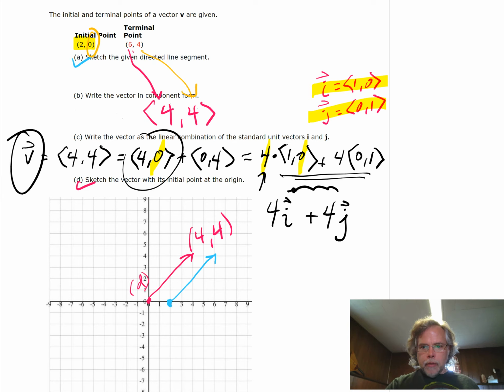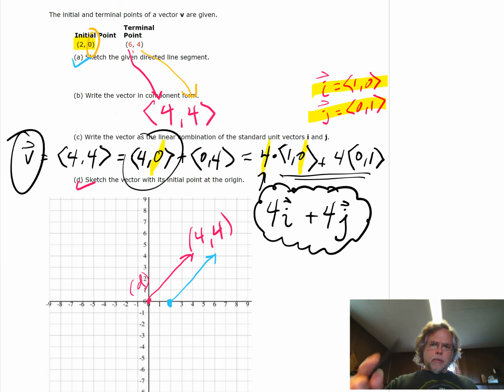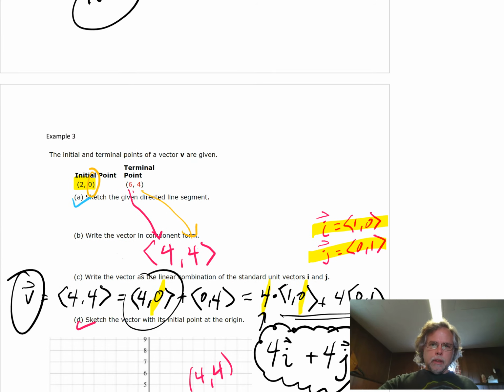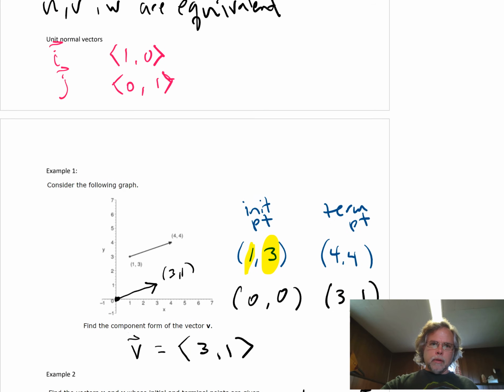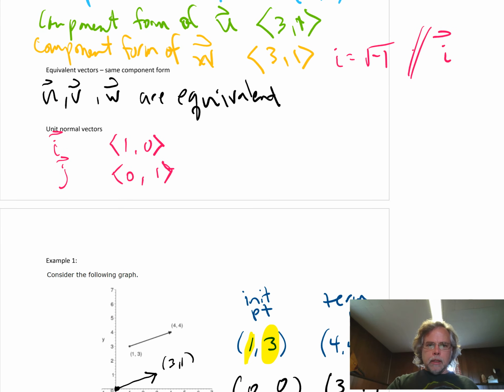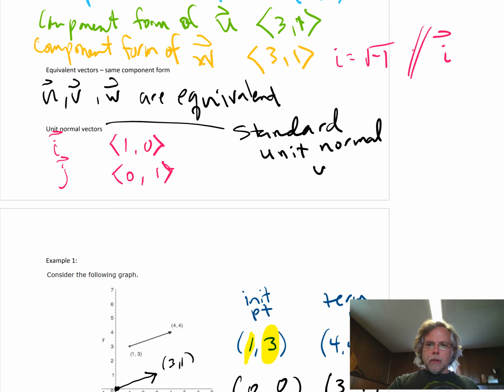The vector is a linear combination of the standard unit vectors i and j. Let me pause here for a moment because I think I left off the word standard when I was talking about i and j. These are the standard unit normal vectors, i and j.